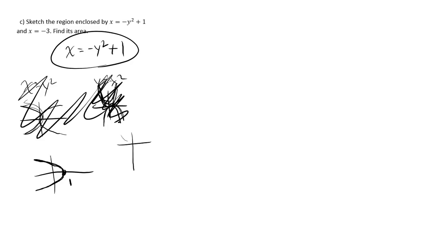So you can do x, y, but it's convenient to put values into y and then solve for x. So we're just going to put into y negative 1 and 0 and 1. When you plug in negative 1, you get 0. When you plug in 0, you get 1. When you plug in 1, you get 0 again. So you get the 3 points, which are (0, negative 1), (1, 0), and (0, 1).